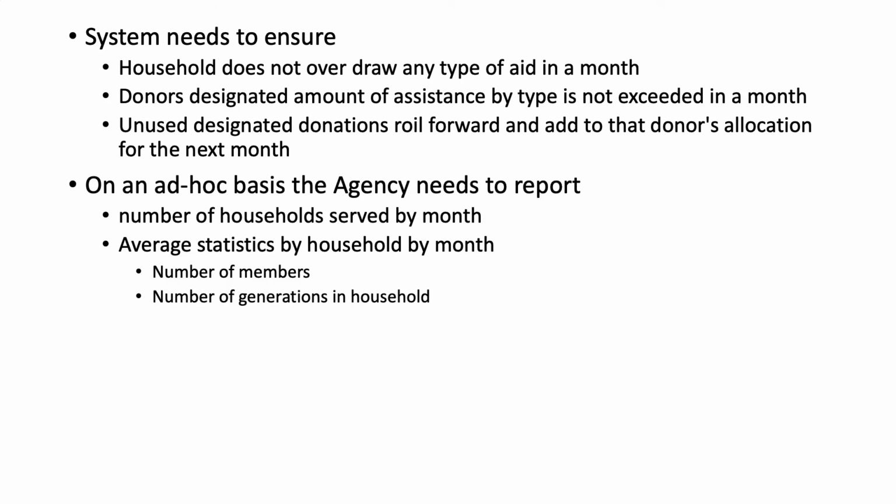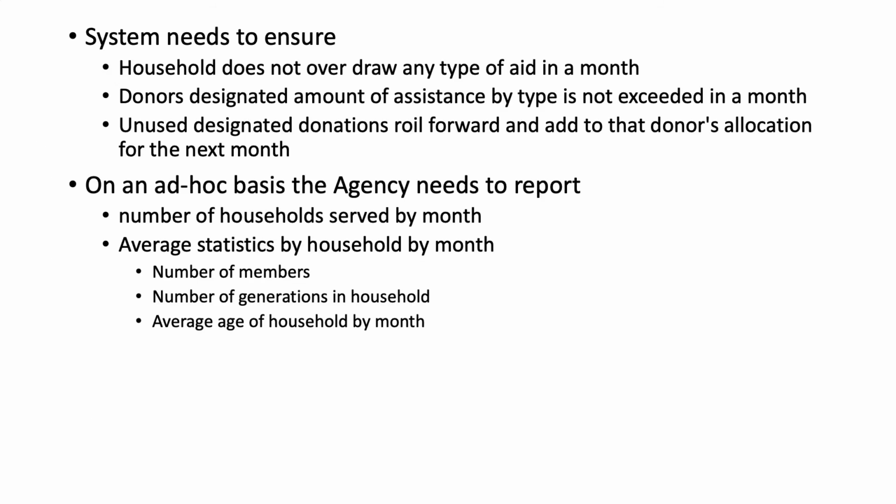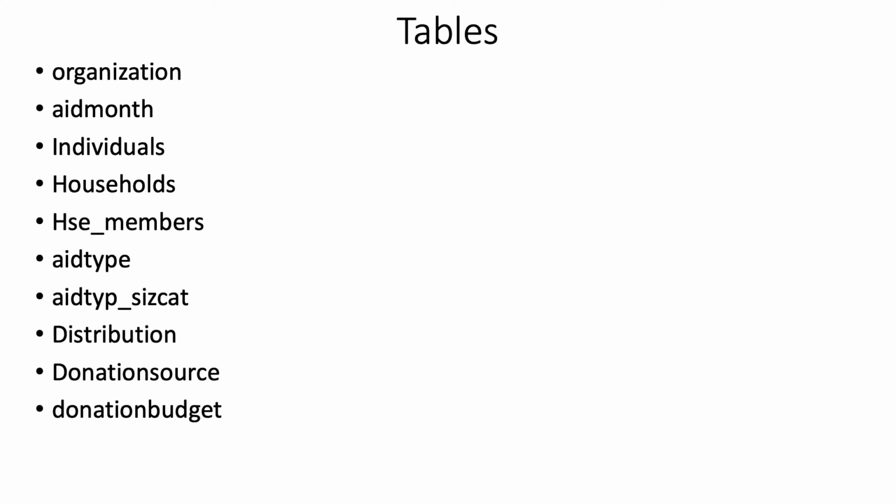The number of generations in a household, and if we had the relations table that I don't have but we're going to add, we could get how many cousins, how many aunts, and how many fathers or mothers we had. The average age of the household, if the individual has the date of birth, which it will, we'll be able to calculate the age of people.